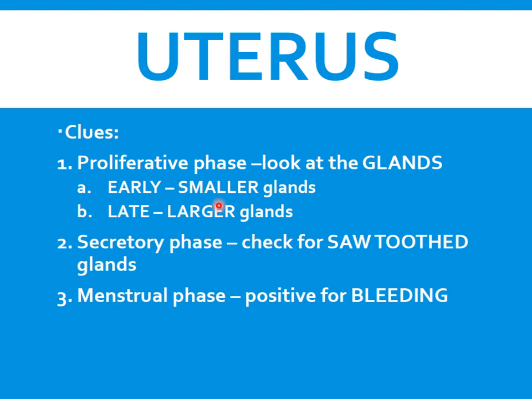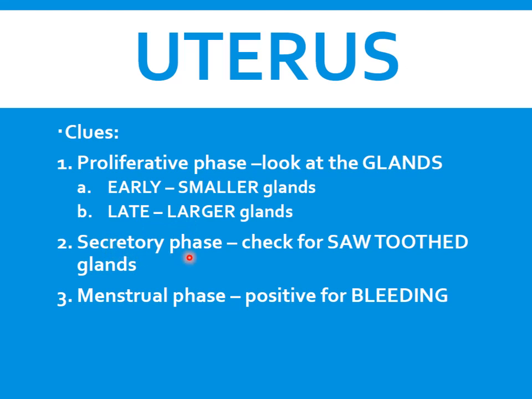Ang clue natin to identify kung ano ng phase yung uterine specimen is the following. Sa proliferative phase, i-check mo yung mga glands. Much smaller yung mga glands sa early proliferative phase. While dun sa late naman, namamaga na yung mga glands or mas malalaki na yung mga glands.